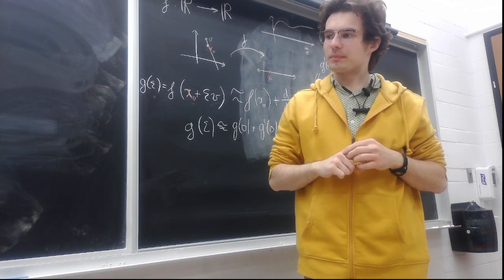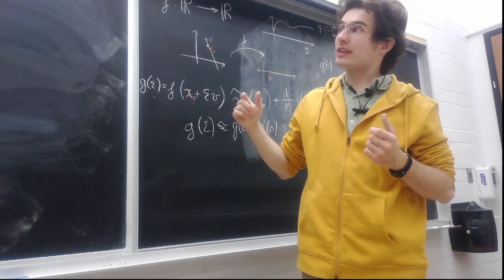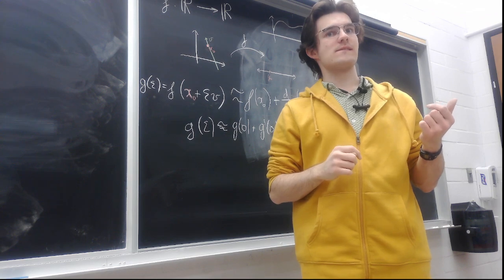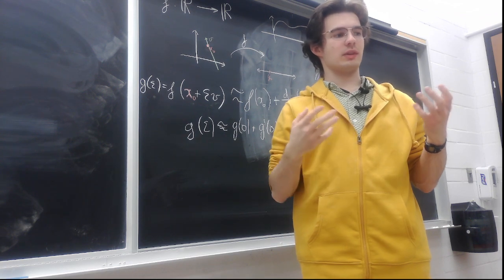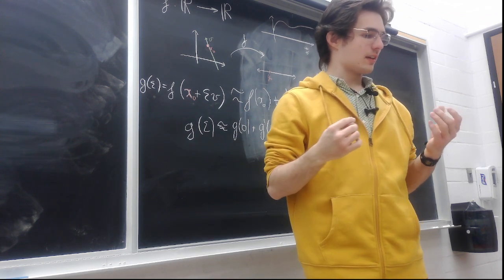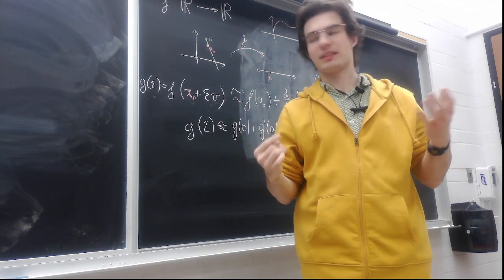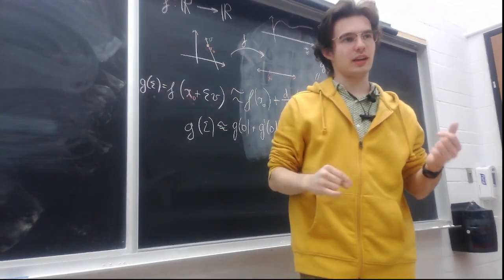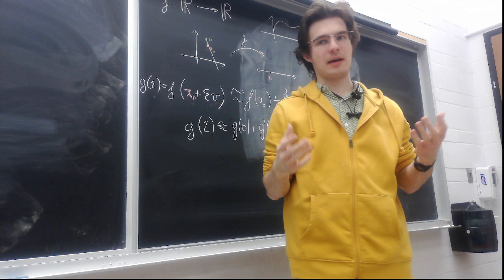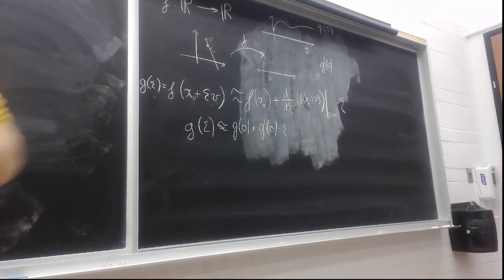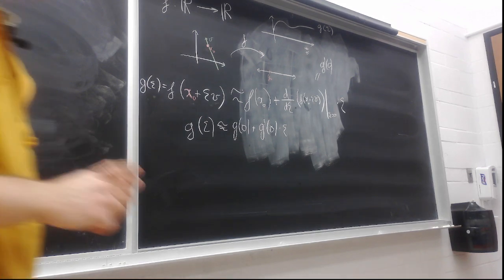So if I want to have a linear approximation, then my derivative has to be some map, by analogy. It has to be some map that takes a vector in one space and sends it to a vector in the next space. I'm going to draw a picture for that in a second.